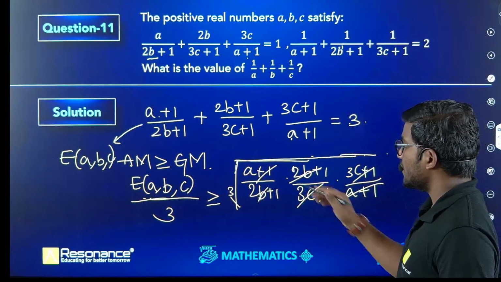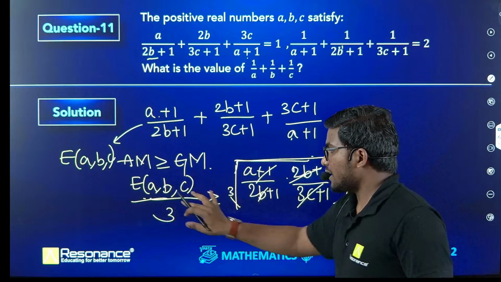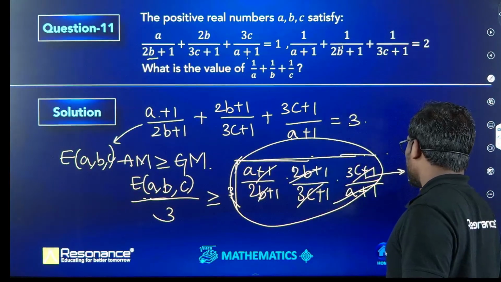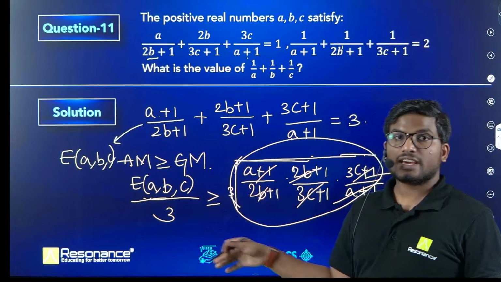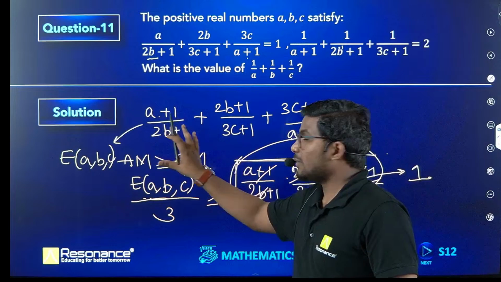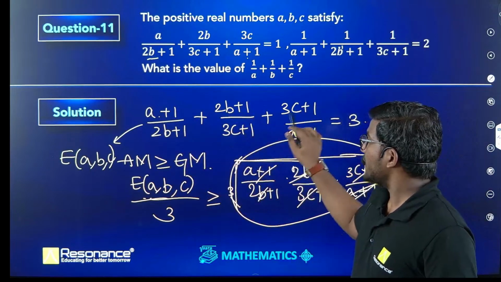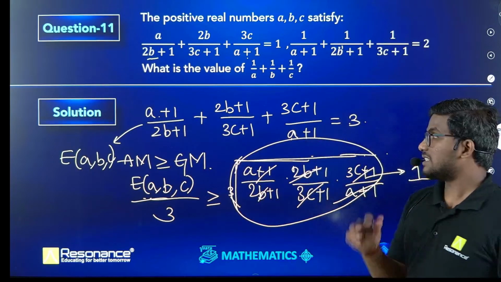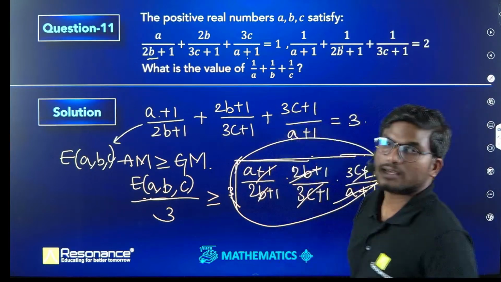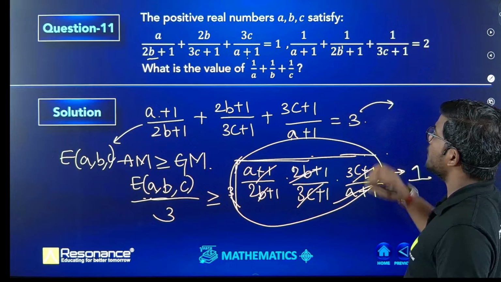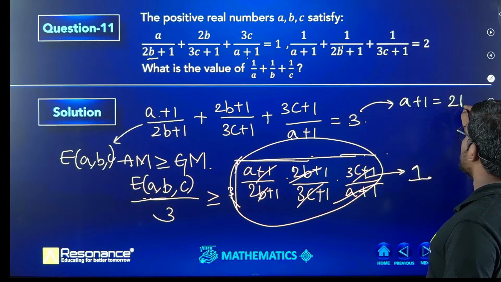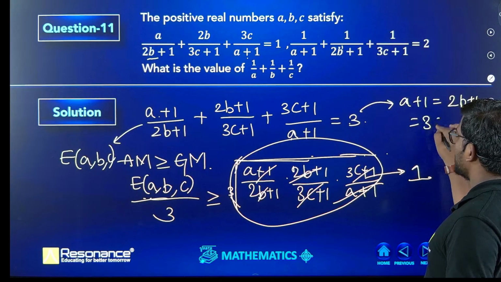So this results in 1, and this expression is greater than or equal to 3, and the equality holds when all of the terms are equal. If I say x by y is equal to y by z is equal to z by x, this obviously implies that x is equal to y is equal to z. So now a plus 1 is equal to 2b plus 1 is equal to 3c plus 1.